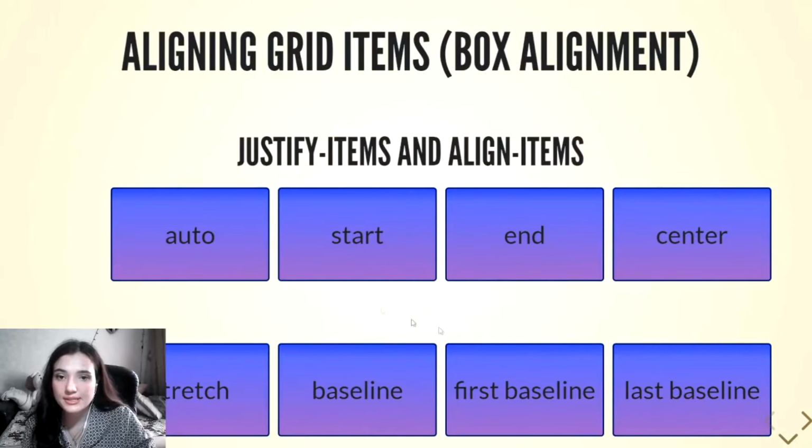Here you can see a list of values which you can set for these properties. If you set align-items start, items are positioned at the start of the column axis. End and center properties work the same way. If you use align-items stretch, items are stretched across the entire column axis.